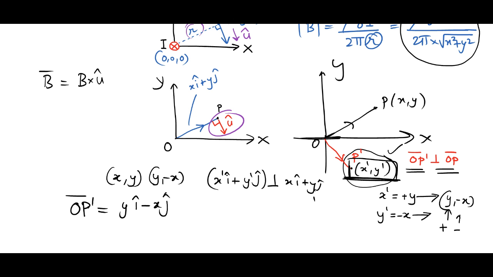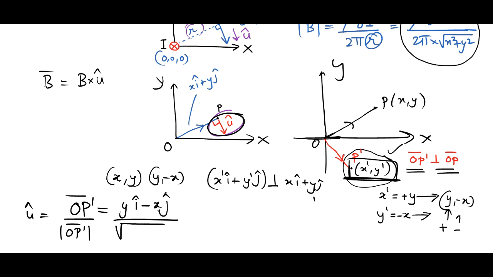So OP dash bar is equal to y i cap minus x j cap. It's a vector in the proper direction. We want the direction of u cap, remember, but it's not a unit vector, so I have to divide it by its own magnitude, and then I get the unit vector in the proper direction.